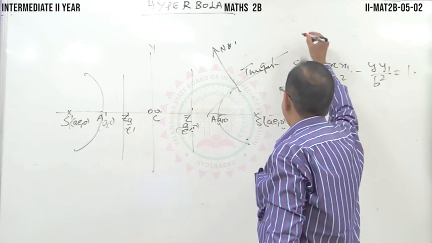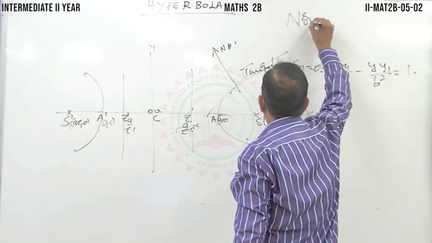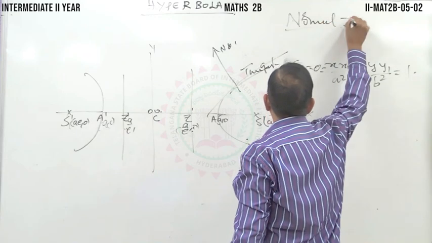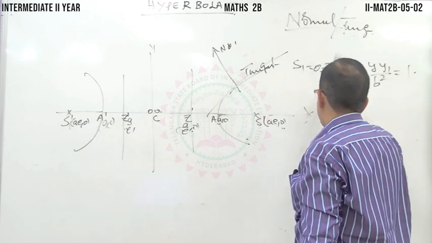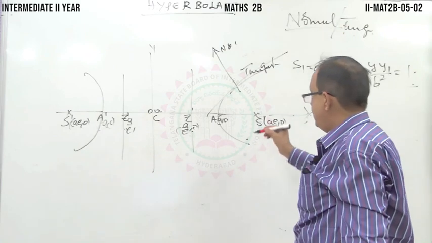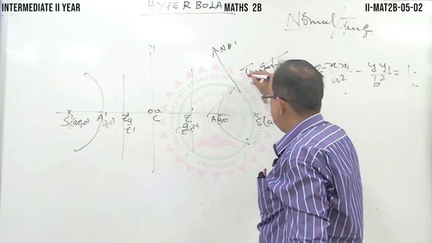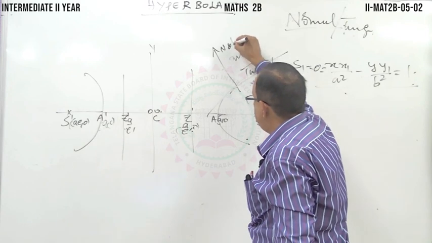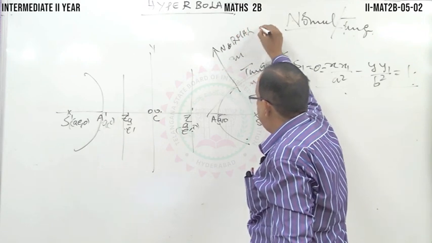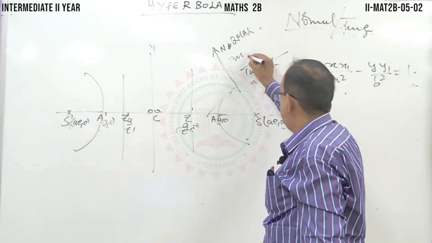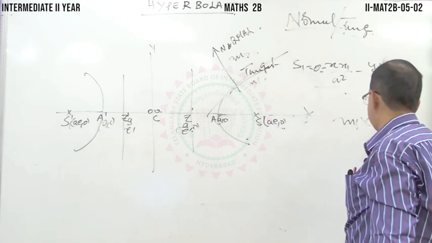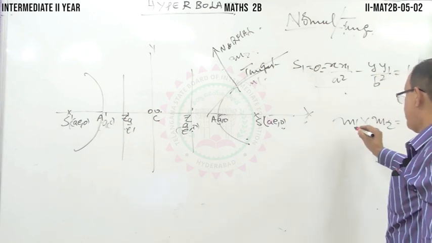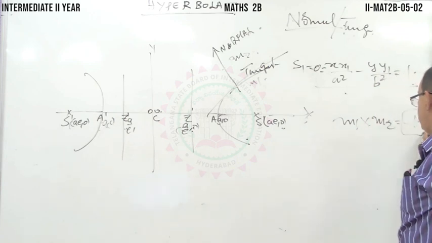And in the case of the normal, what is the difference between a normal and the tangent? In the tangent, S1 is equal to 0. The slope of the tangent is m1, and the slope of the normal, if it happens to be m2, then the product of the slopes, m1 and m2, is always equal to minus 1.